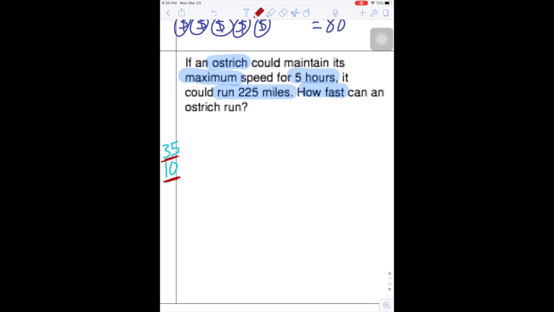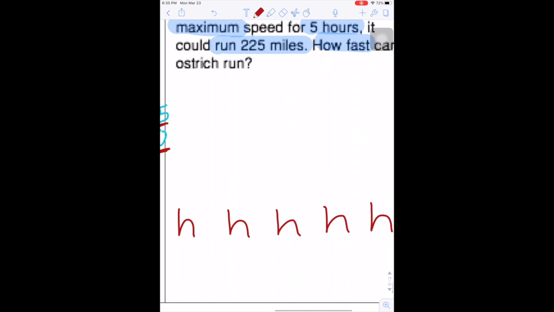So what's happening in this one is that we have 5 hours. Here's an hour, here's an hour, here's an hour, hour, hour. And under each of these, he's doing so many miles. We don't know how many miles.